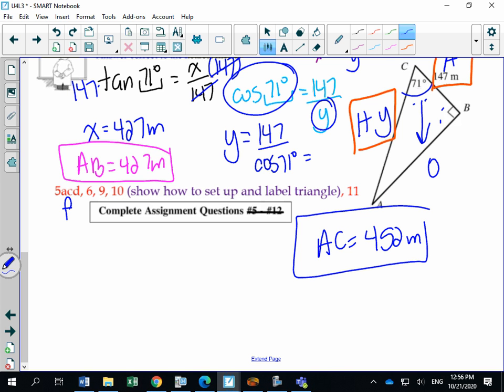So number 5, I want you to do ACD and F. Number 6, I want you to do all 3 of those triangles. Number 9 and 10, I want you to circle. And then circle number 11.